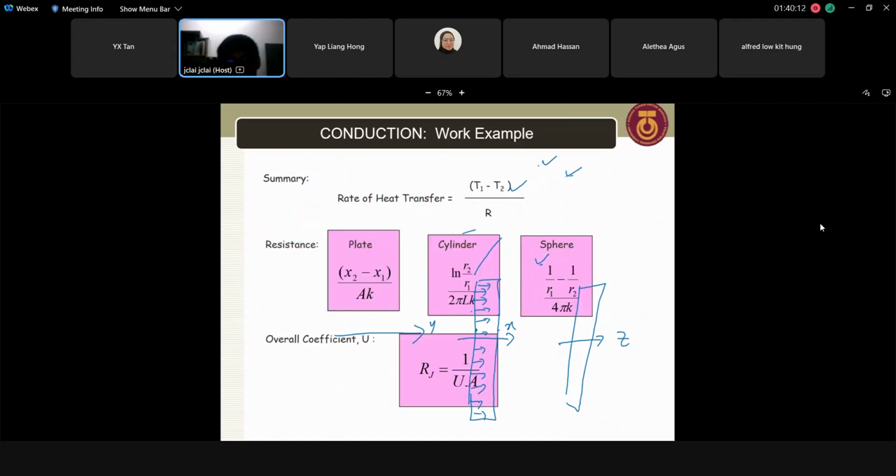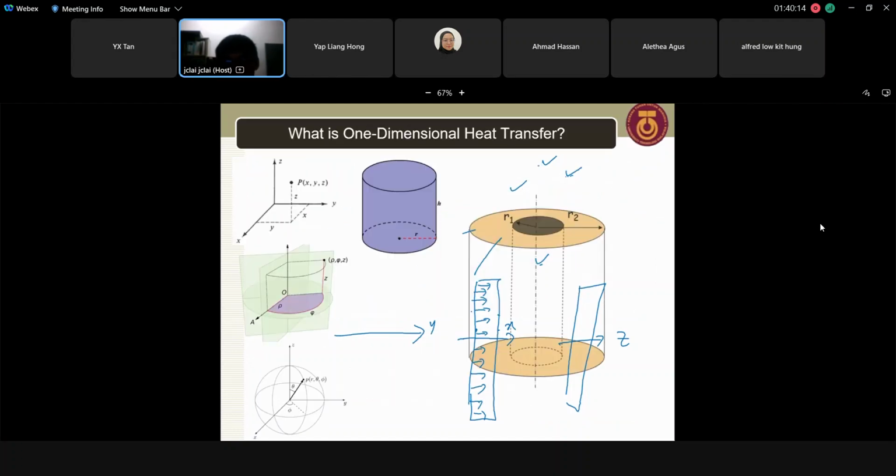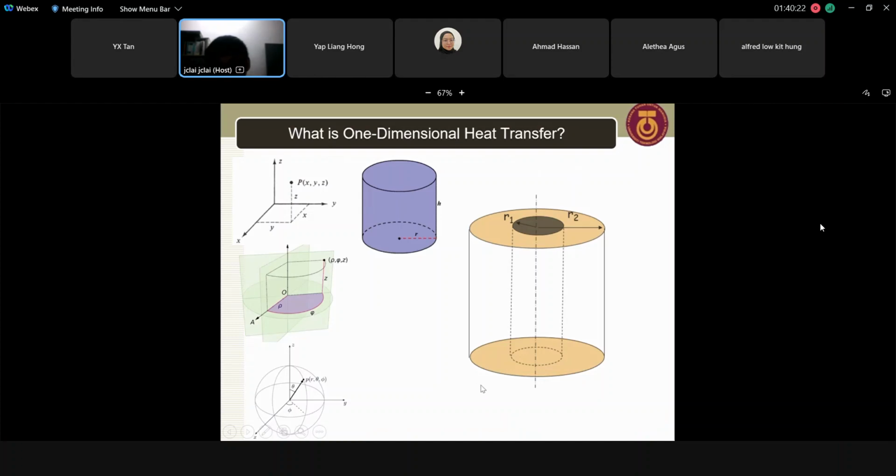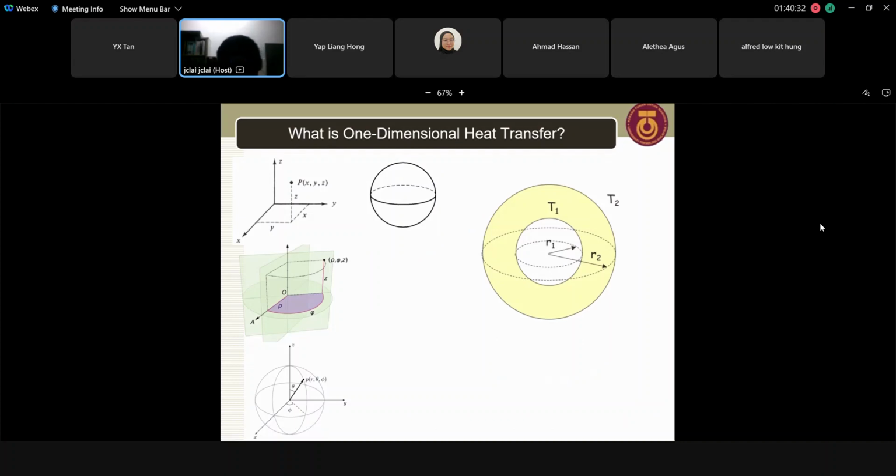This one I will explain later. Let me delete all this first. Actually the same thing is applicable to the cylinder and also the sphere.